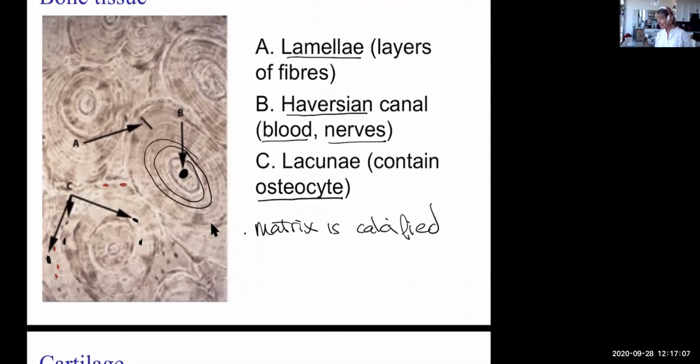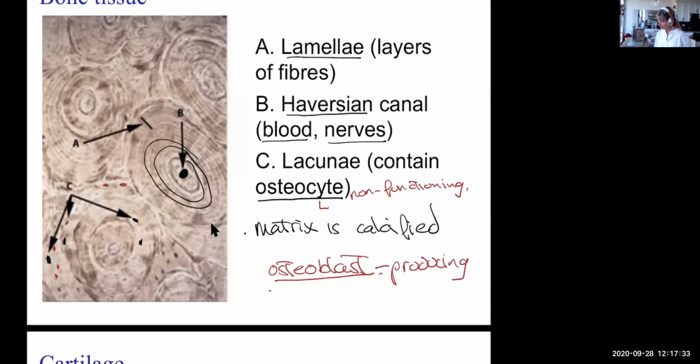So an osteocyte is a non-functioning cell. When the body requires more bone, it's called an osteoblast. So it's functional.